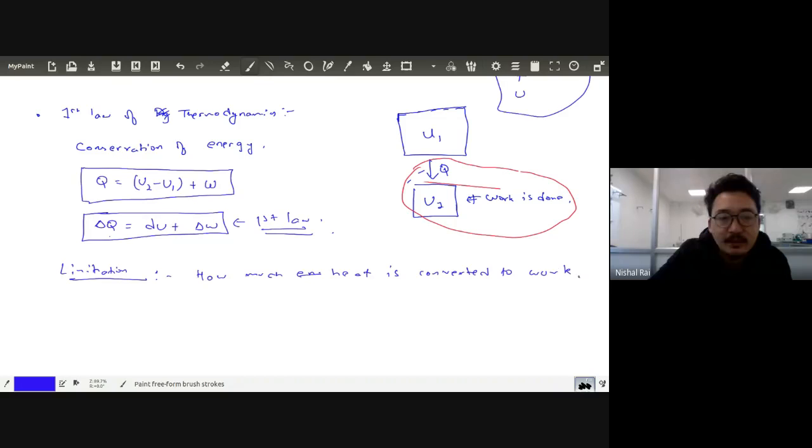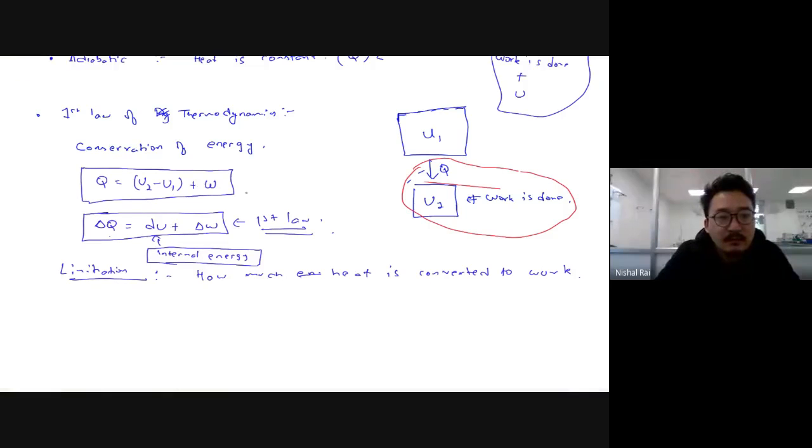But what is on the plus side? By using the first law, you can find the internal energy of the system, because both of these quantities you can measure. The amount of heat which you supply is measurable. The amount of work done you can measure.